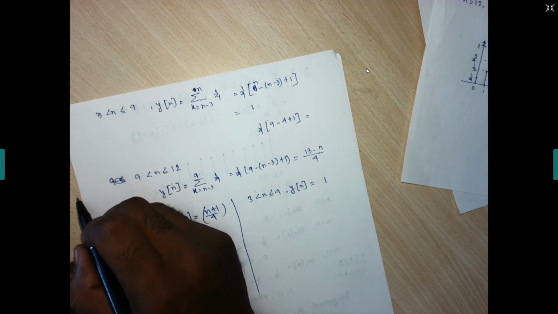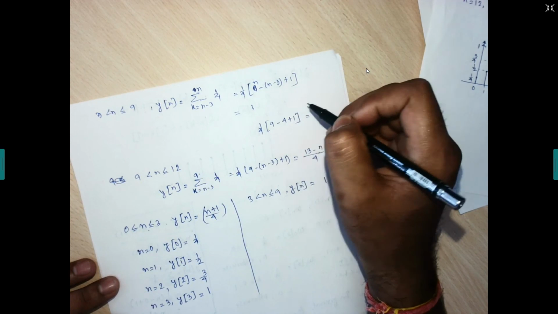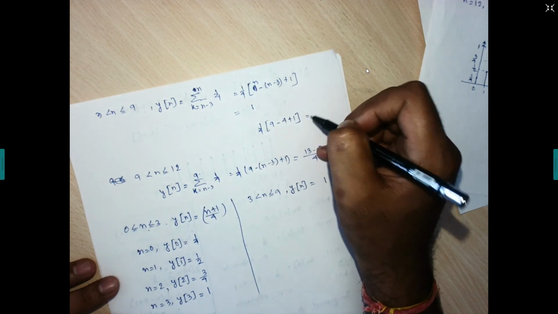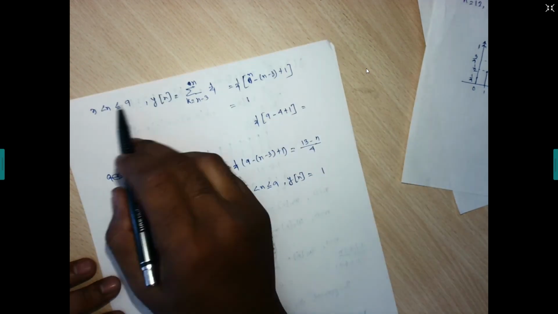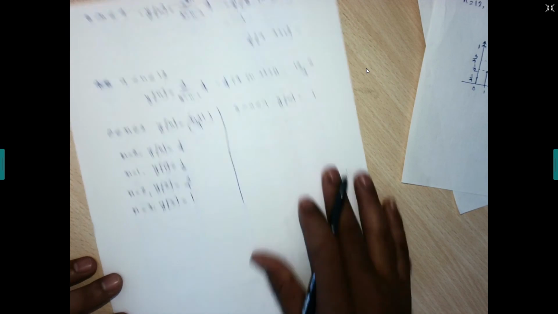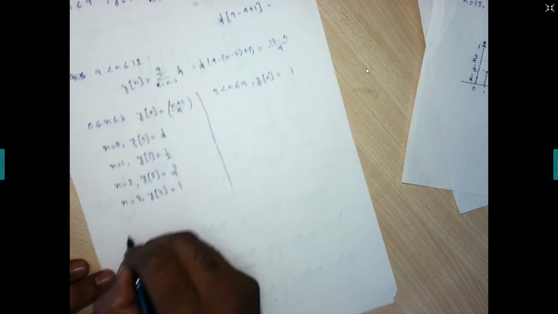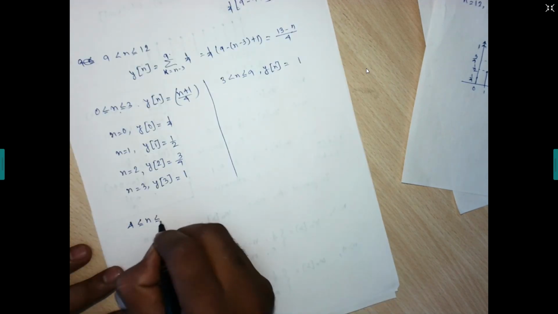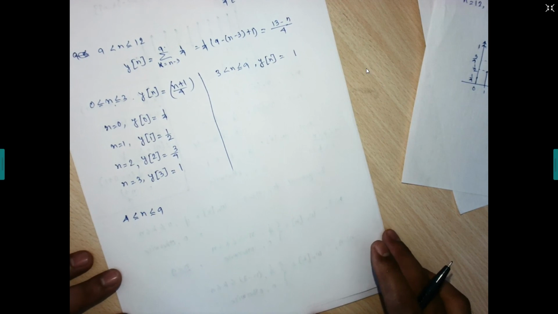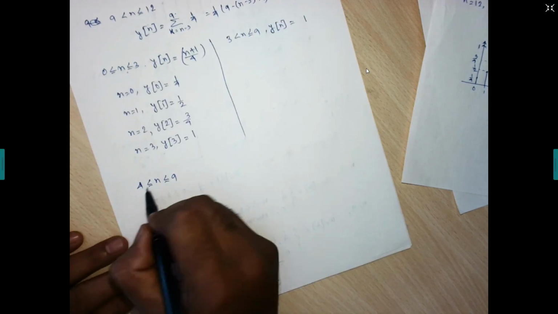If you take it that way, obviously all of them result in 1. So what you are saying is that if you take 4 to 9, it means 4 less than or equal to n, less than or equal to 9. That is what you mean to say. This is the range, right?